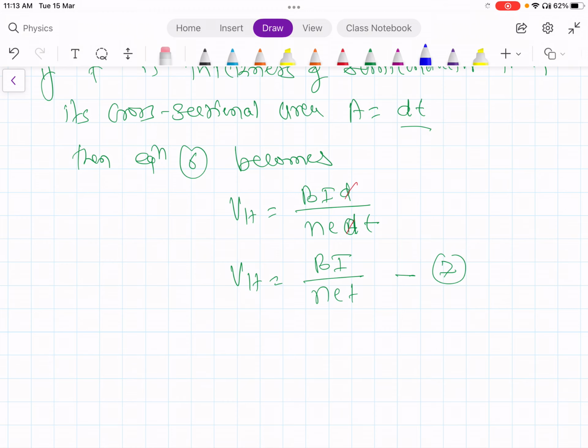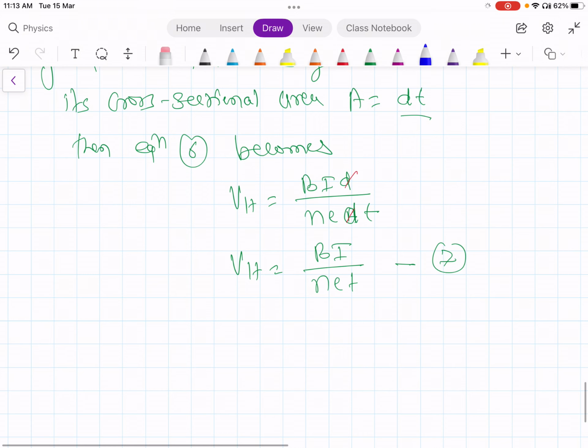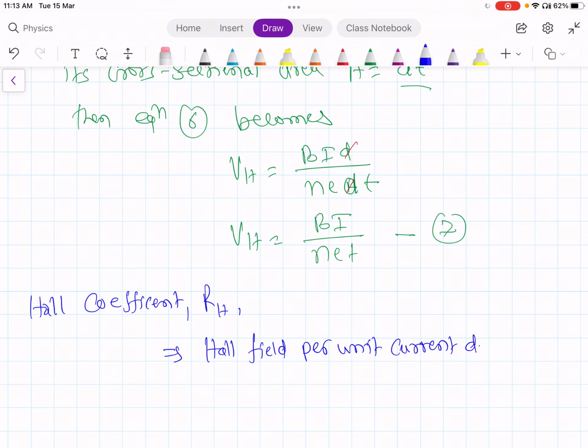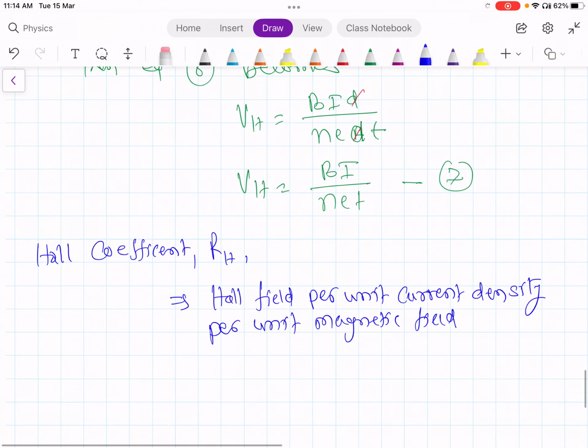What we have to find is the Hall coefficient, and the definition of Hall coefficient is: Hall coefficient is denoted by R suffix H, and its definition is Hall field per unit current density per unit magnetic field. That is called the Hall coefficient.